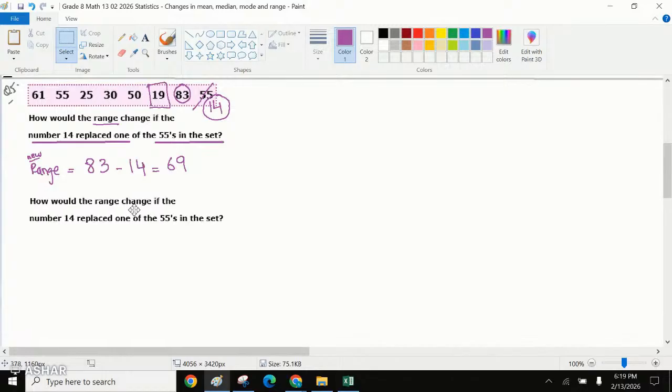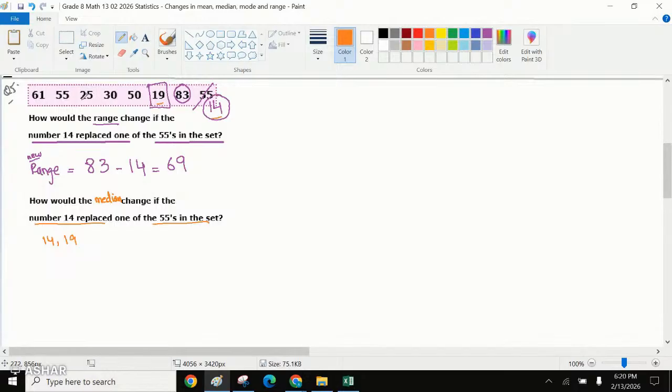But if I would say, how would the median change if we replaced 55 by 14, right? So we write them in ascending order. What is the smallest? 14 was the smallest. Then we have the 19.